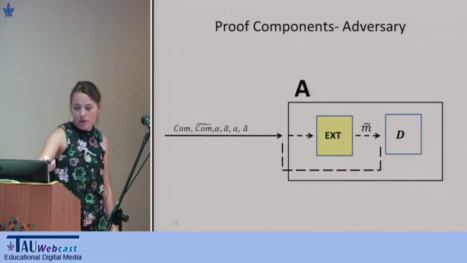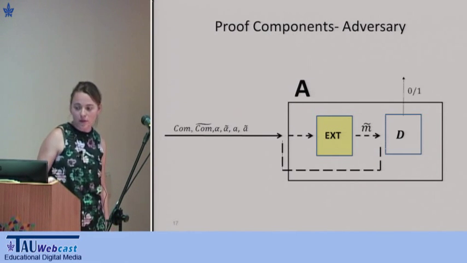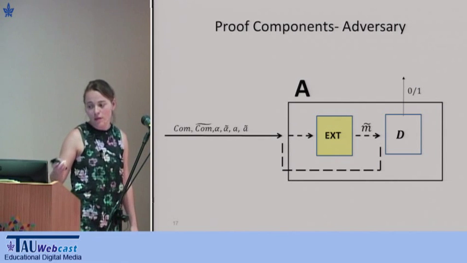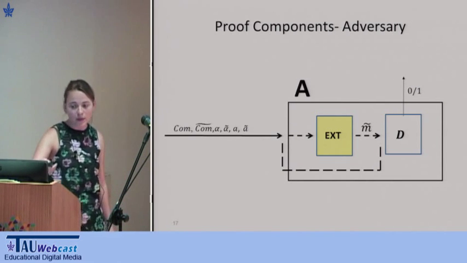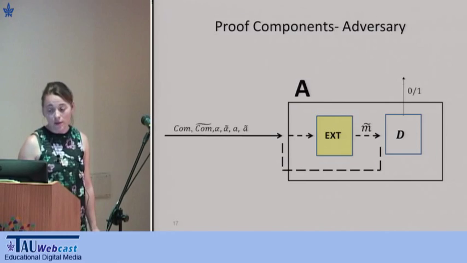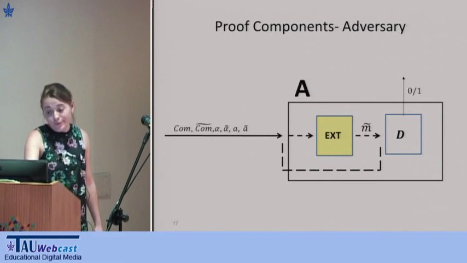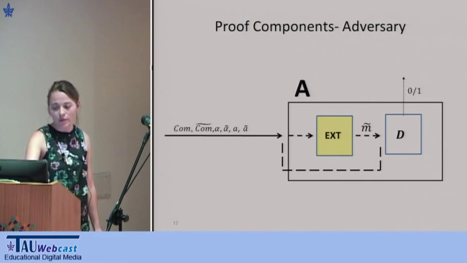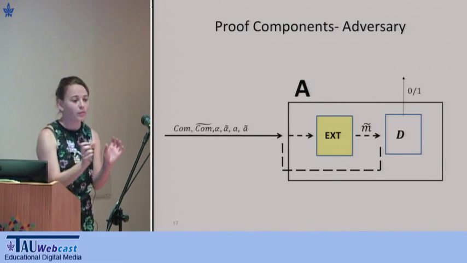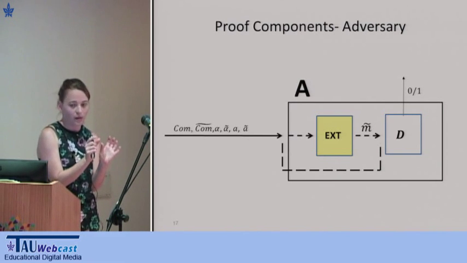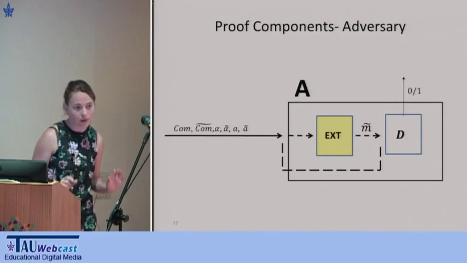And the message and the view will be forwarded to the distinguisher, which will output either real or ideal. The probability that this adversary will succeed is, let's say, the overlap between the distinguisher probability and the extraction probability.